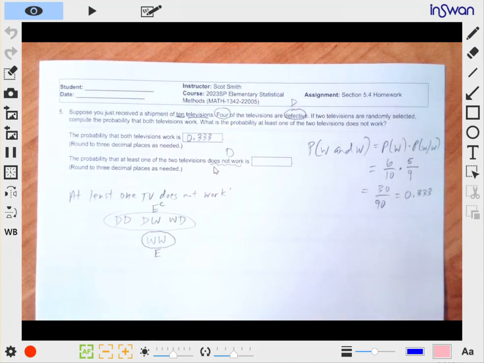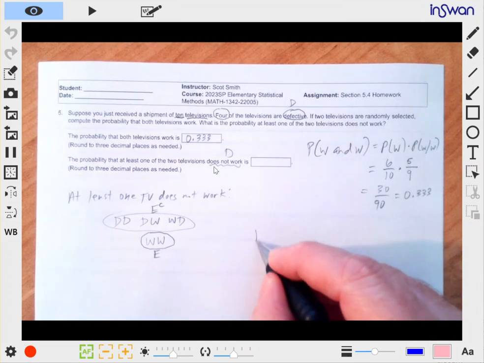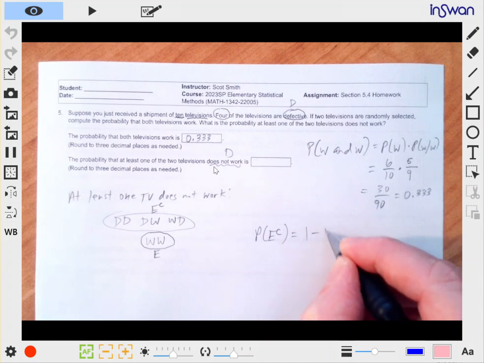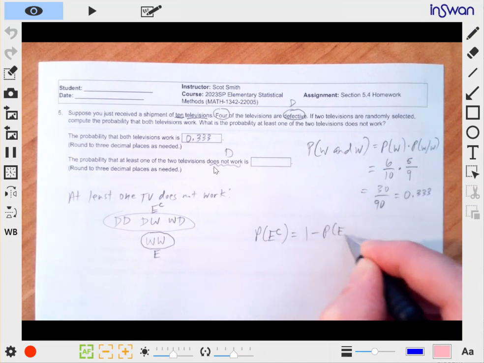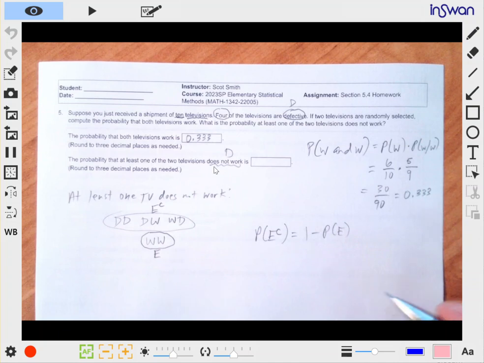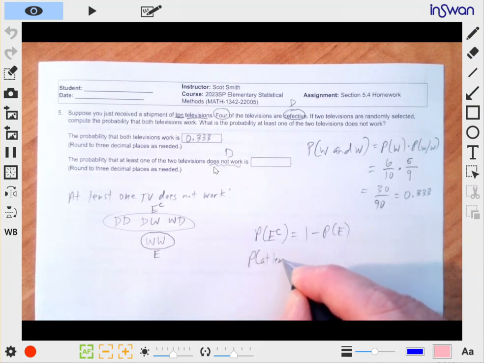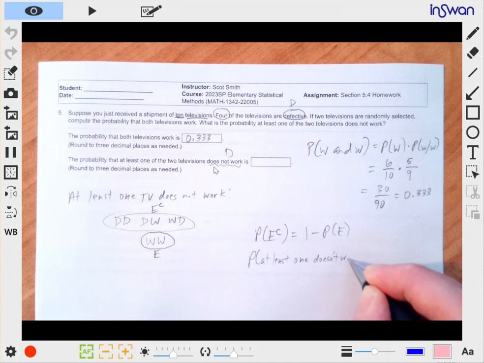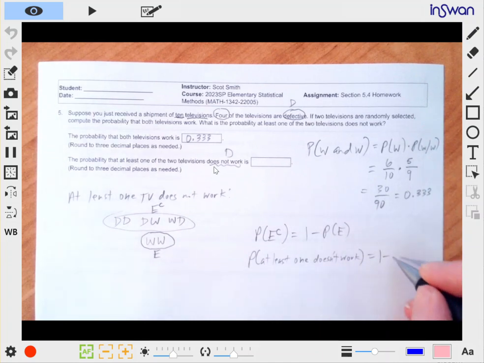It doesn't matter which one you actually call E or E complement, but our formula for the probability of E complement is 1 minus P of E, or the probability of E. So the probability that at least one doesn't work equals 1 minus the probability that both work.